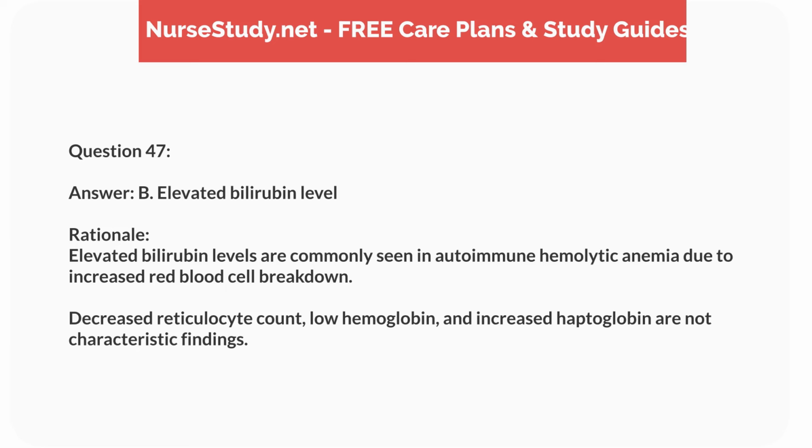Answer: B. Elevated bilirubin level. Rationale: elevated bilirubin levels are commonly seen in autoimmune hemolytic anemia due to increased red blood cell breakdown. Decreased respiratory count, low hemoglobin, and increased haptoglobin are not characteristic findings.